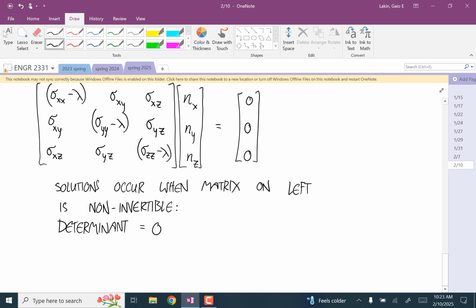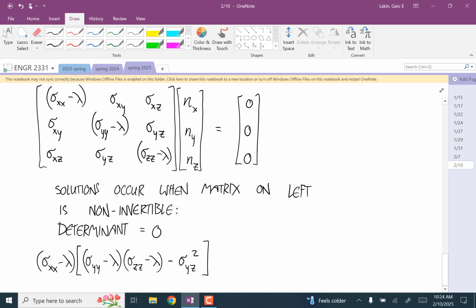So you have the quantity sigma xx minus lambda times the quantity sigma yy minus lambda times sigma z minus lambda. You're never going to have to do this in this class. And then minus sigma yz squared. That's the first part of it.